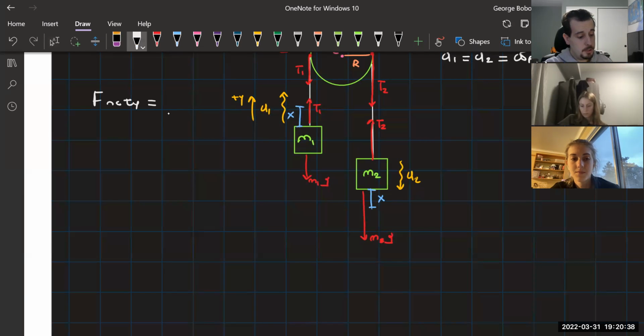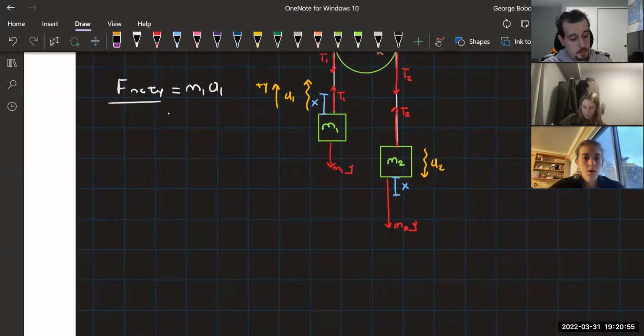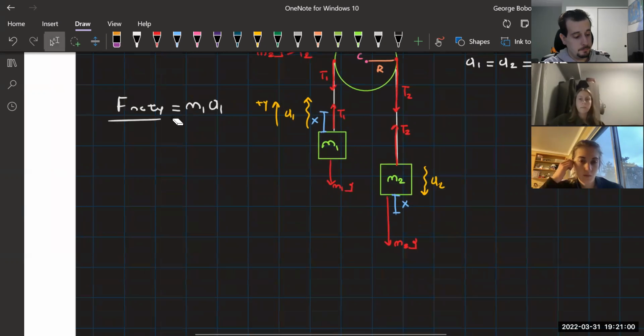So whose mass are you putting in here and what acceleration are you putting there? Mass 1 and acceleration 1. Good. And then for this, what's happening in the y direction right now? For mass 1, we're focusing on mass 1. It's going up.